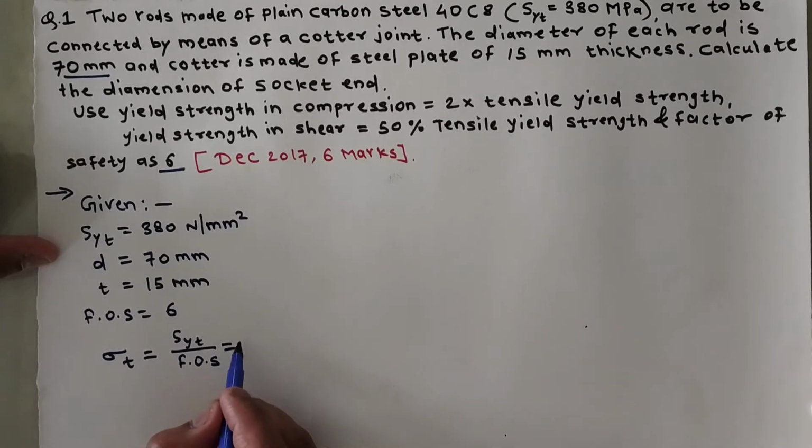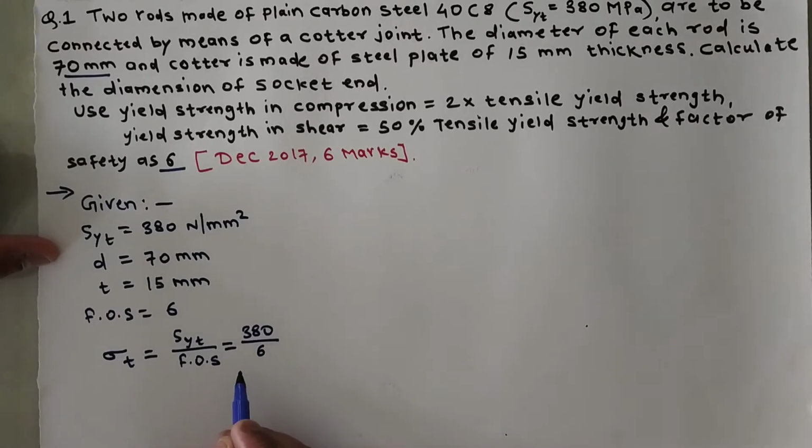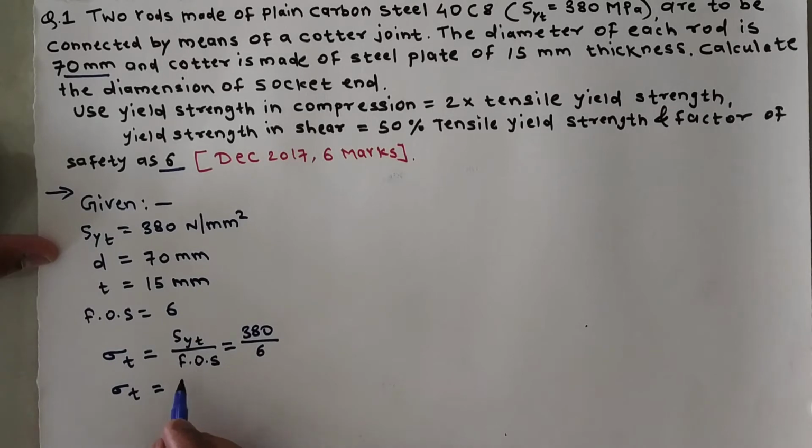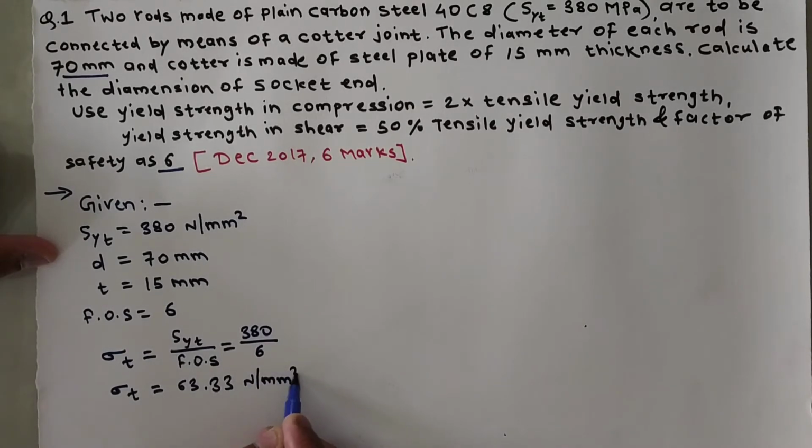We have 380 as yield tensile strength and factor of safety as 6. So we get sigma T equal to 63.33 Newton per mm square.